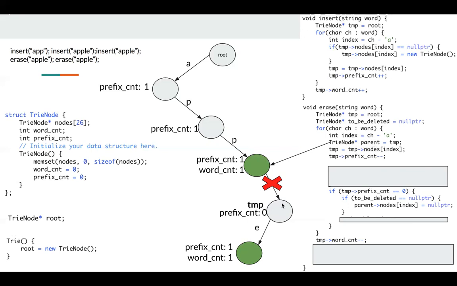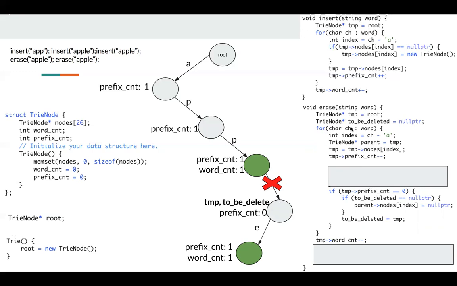So my temp is here, my parent is here. Then I realize to-be-deleted is null, so we will update this pointer to a null pointer, right? So the node's index pointer is set to null now. So we correctly updated this pointer. Next, I set to-be-deleted to be temp. So to-be-deleted points to this node.